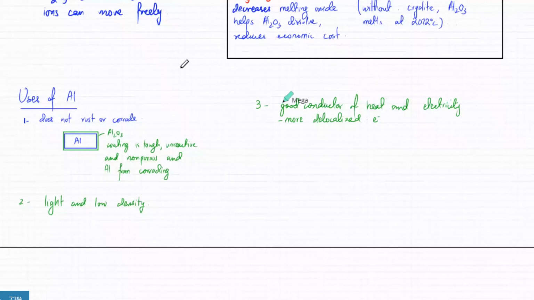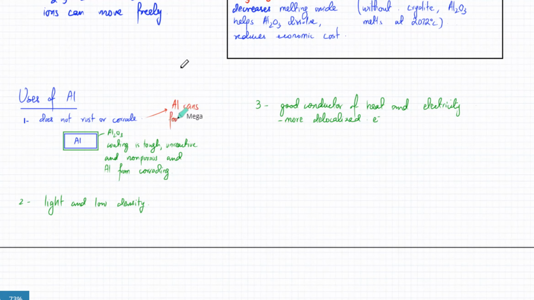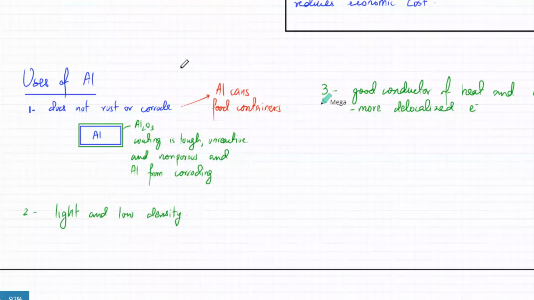So what could be the uses for this? The use for the first property, does not rust or corrode: you make aluminium cans, lots of cans, food containers, foils, because it's not going to corrode or rust, and it's not going to react with the food.